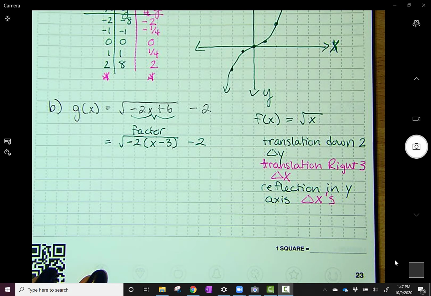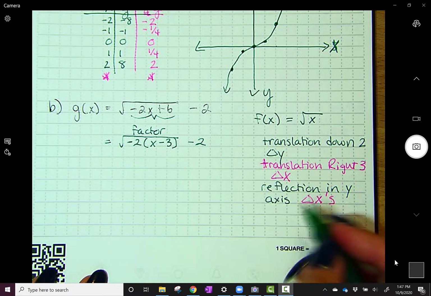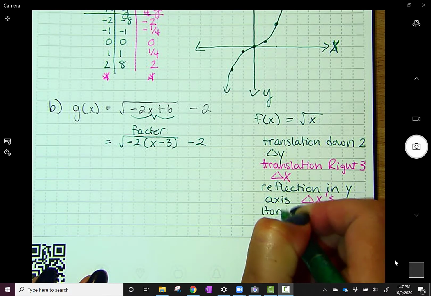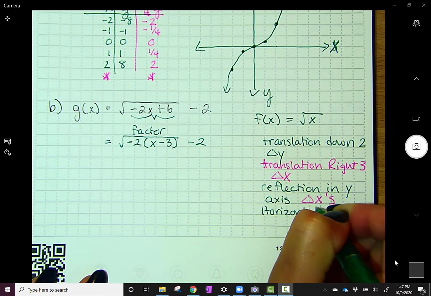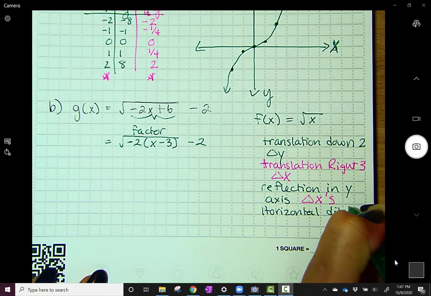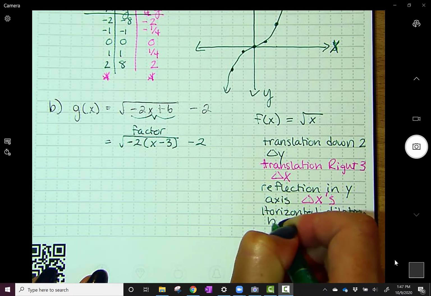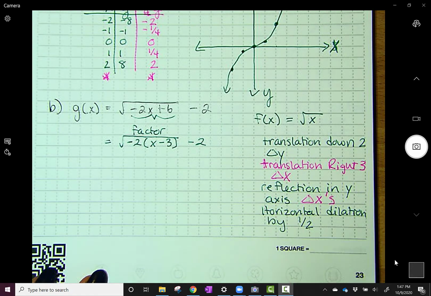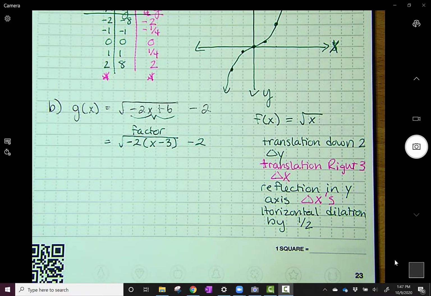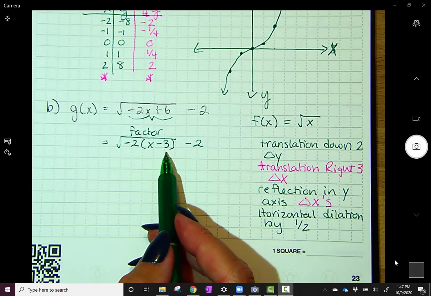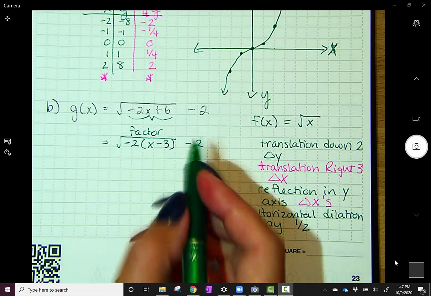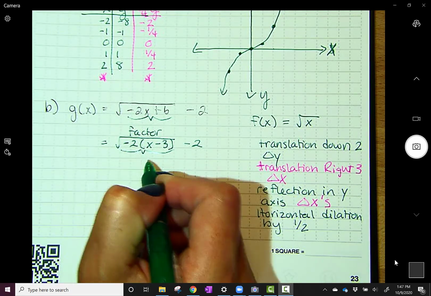And then the 2 is, again, on the inside. So that's going to be a horizontal dilation by 1/2.